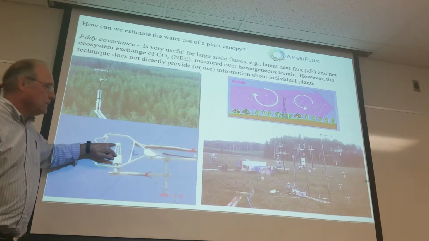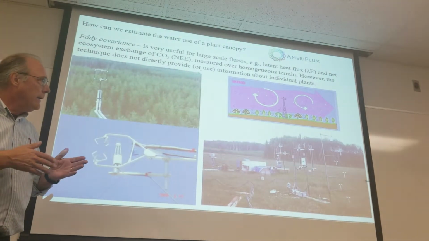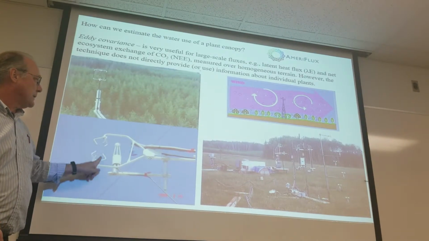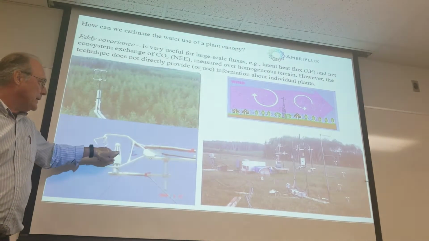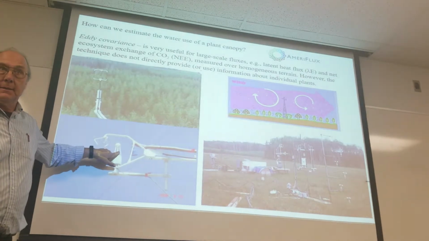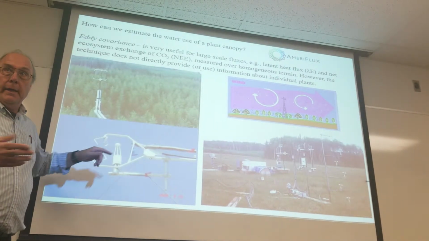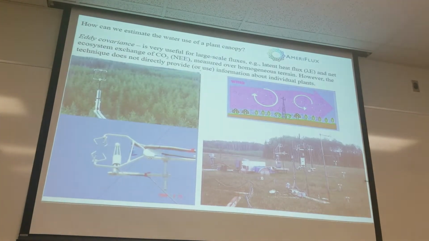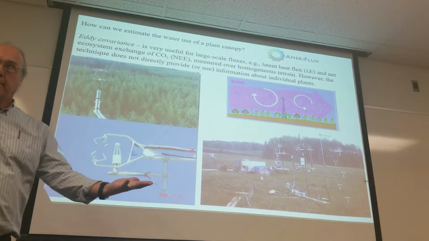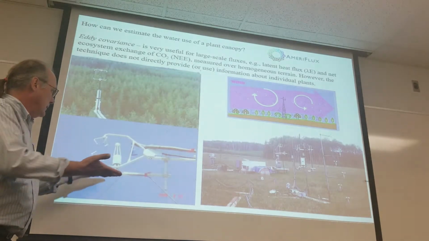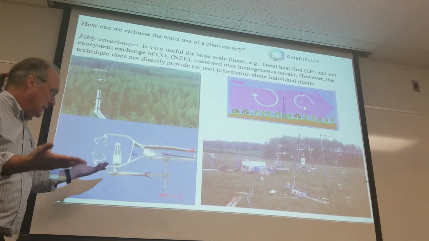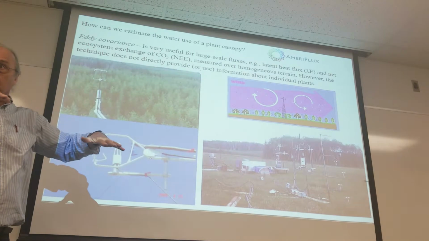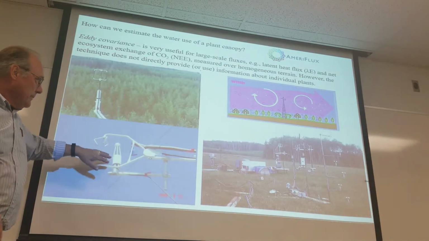What you do is correlate the vertical component of the wind with the concentration of whatever you're interested in, say the CO2 concentration, and then over time integrate those components to get the exchange of, let's say, CO2 between the surface and the atmosphere, whichever way it's going.